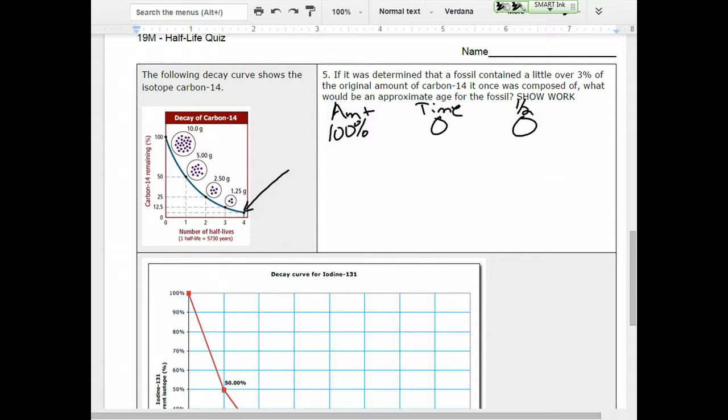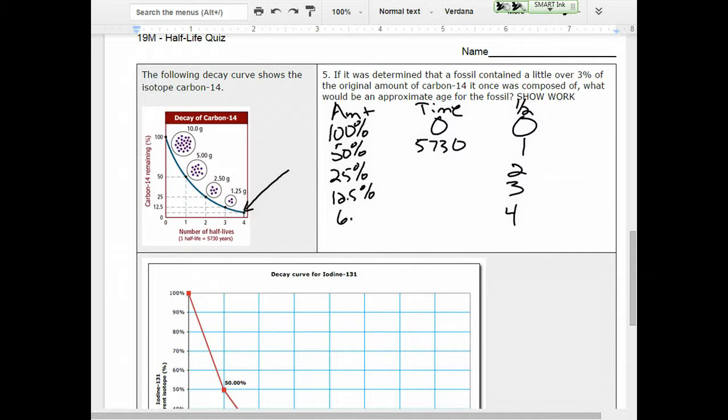That was a common mistake. 50% is 1 half-life, which is 5,730 years. 25% is 2 half-lives. 12.5% is 3 half-lives. And that's where this graph is leaving off. So I think most people just assumed, oh, well, it must be 4 half-lives.